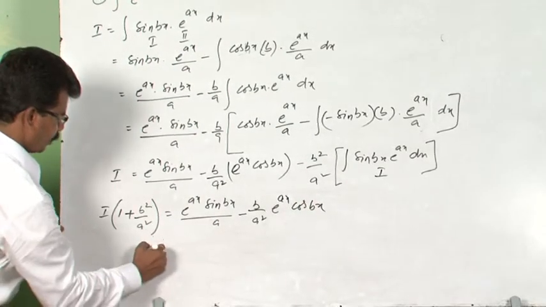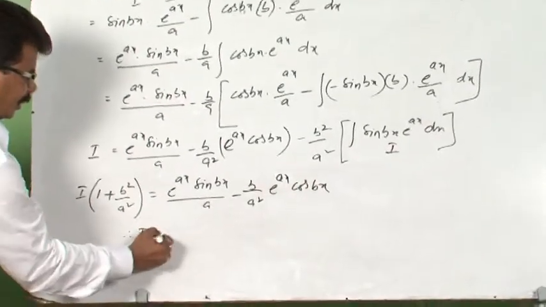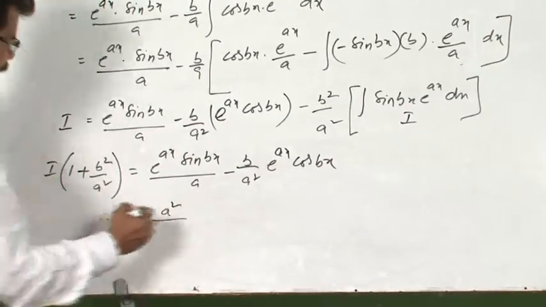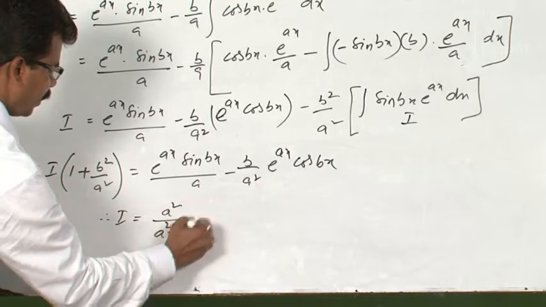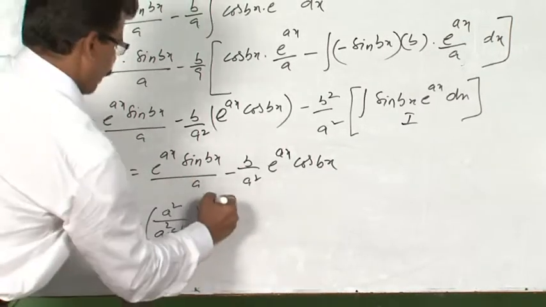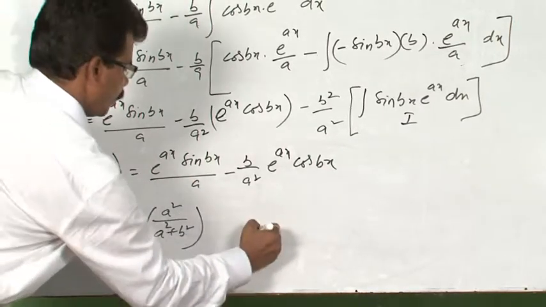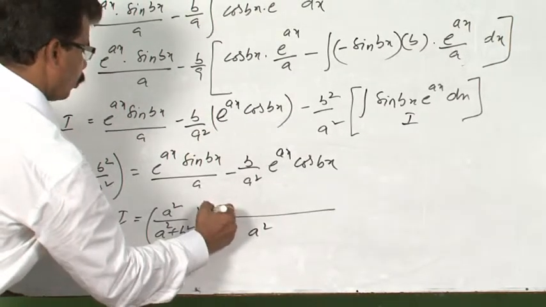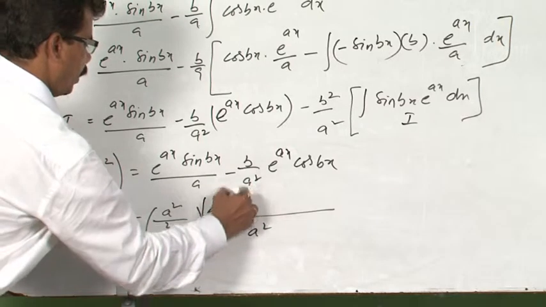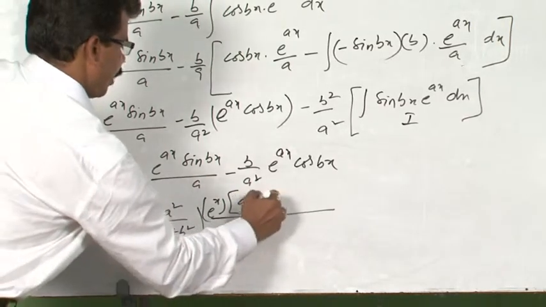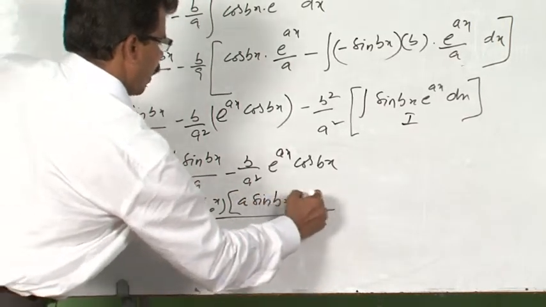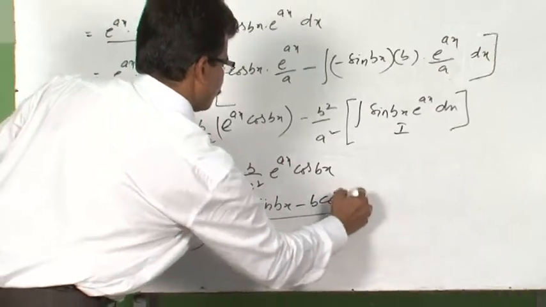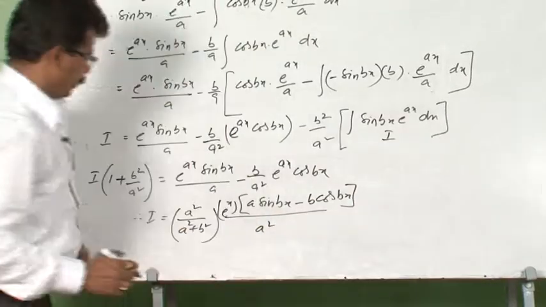Therefore, I is equal to, I am simplifying here, a square by a square plus b square. Take a square as LCM, and also e power ax as common, a sin bx minus b cos bx, just check.